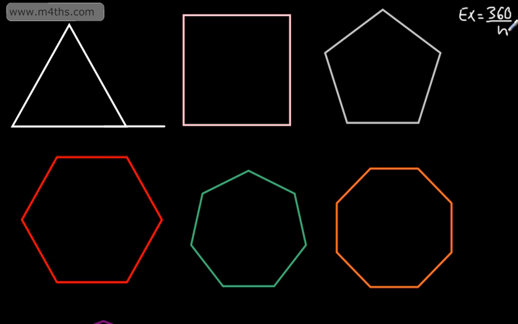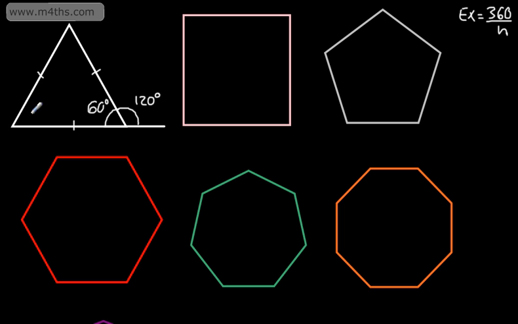This is one approach. Now if I think about this here, if this is regular, so all of these side lengths are the same, all of the angles are going to be the same. So if I took the triangle, 360 divided by 3 gives me 120. So this is going to be 120 degrees. Therefore, now on a straight line, the interior angle is going to be 60 degrees.